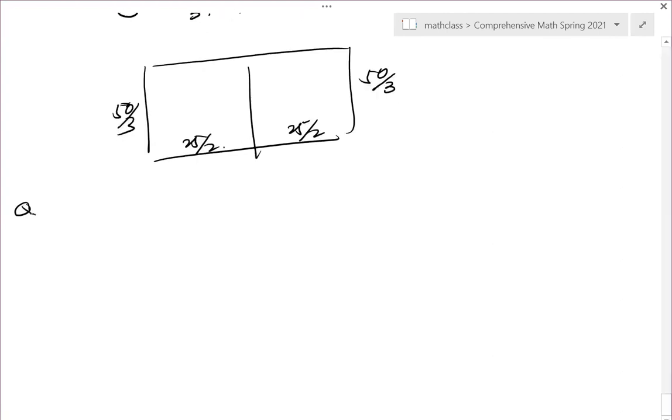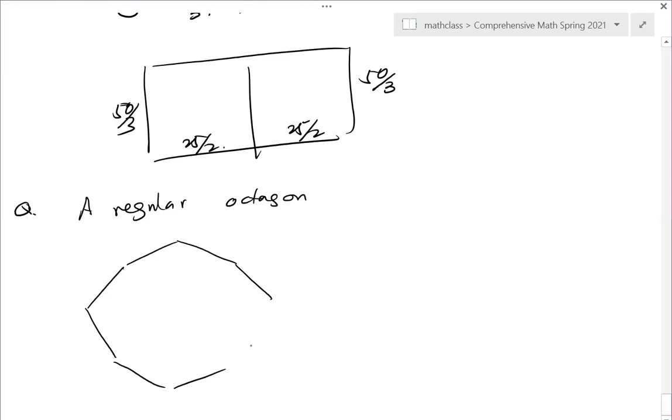This is a regular octagon. How many sides does an octagon have? 1, 2, 3, 4. So this is an octagon.